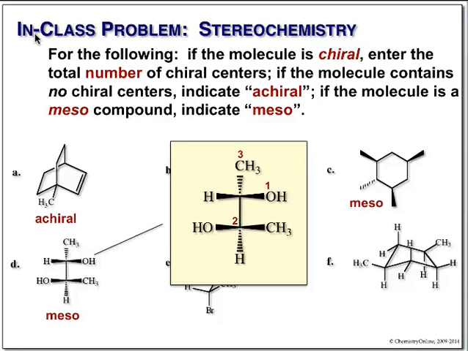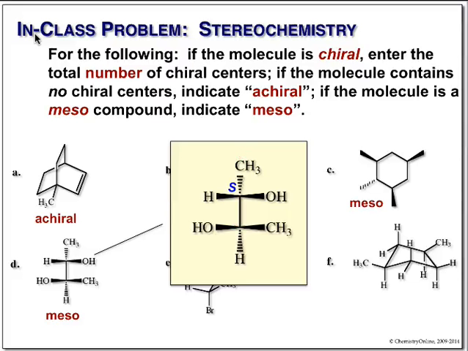Therefore, whatever answer we get, we're going to take the opposite, right? So this is going this way. That's clockwise. Clockwise is R, but because hydrogen is forward, this is S. So our top carbon is S.